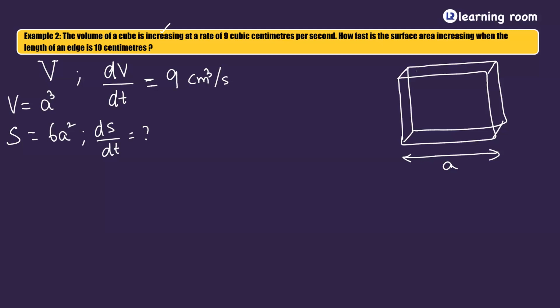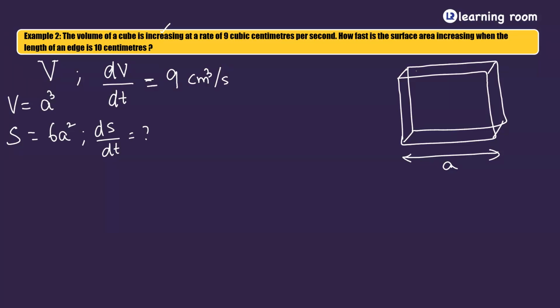Are you able to understand this point? They have mentioned that dV by dt is 9 cm cubed per second, meaning for each second, the volume of the cube is increasing by 9 units. Means in the second second, what would have been the value of volume? It would have been 81. Sorry, 18. You are right. It keeps increasing in that way. Are you able to understand?